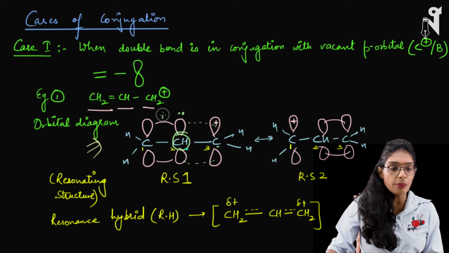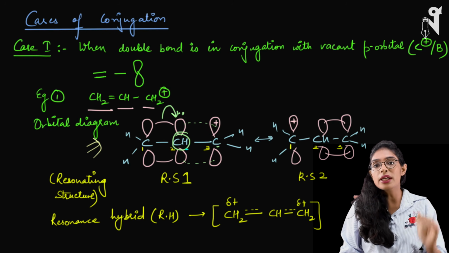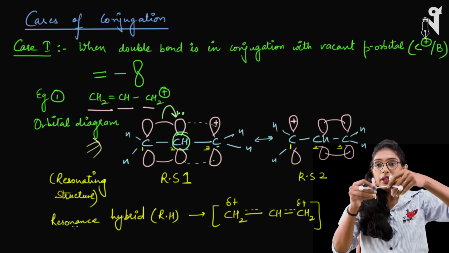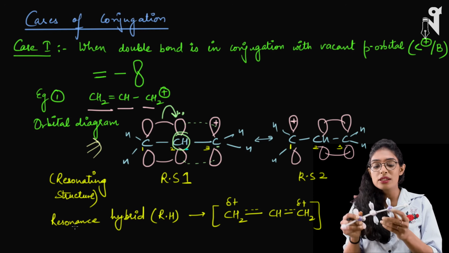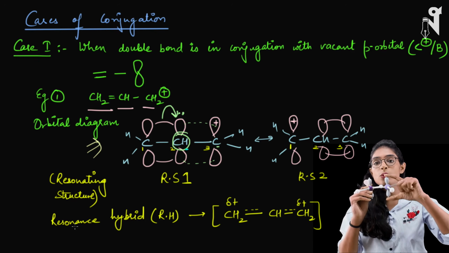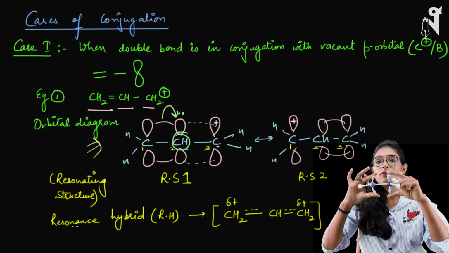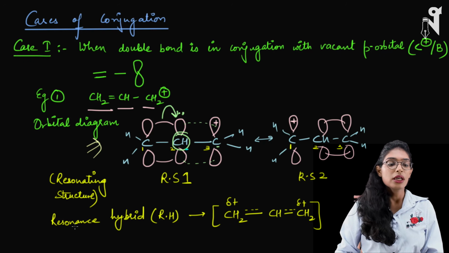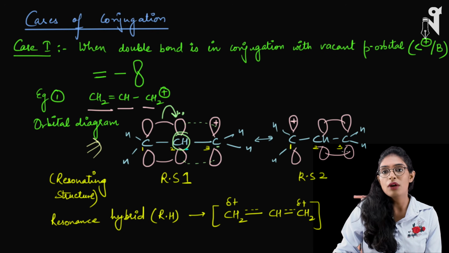So it will break its bond with the first carbon in a heterolytic manner, so that electron density shifts to the second carbon, and now the second and third carbon's p orbitals will overlap and form a pi bond, whereas the first carbon, which was earlier involved in the pi bond, will get a positive charge. So this will become an empty p orbital now. This p orbital and this p orbital will overlap and form a new pi bond. So the change we can see is that now the first carbon has a positive charge, and the second and third carbon are forming the pi bond.